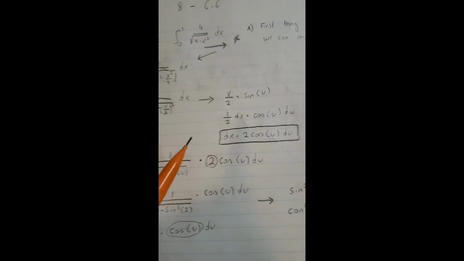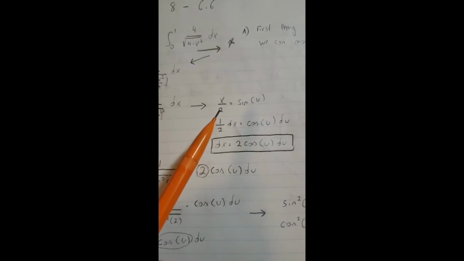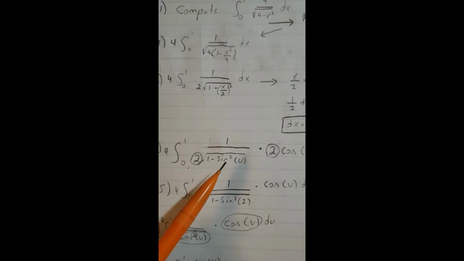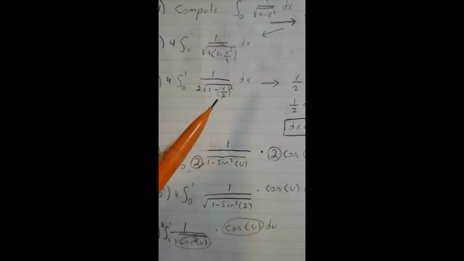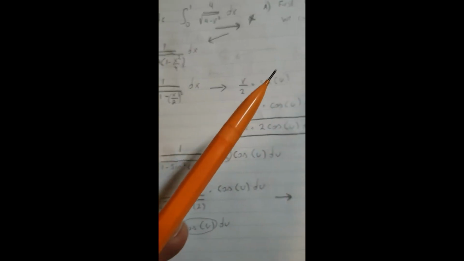So now I wanted to do a u substitution at this point to simplify things further and make my life a whole lot easier. So we know that x over 2 equals sine u, and I chose to simply put this u substitution back into the equation. So now we see that we have 1 over 2 multiplied by 1 minus sine squared u. As you can see, I just simply replaced x over 2 with sine u.